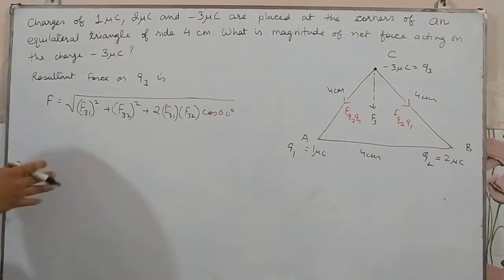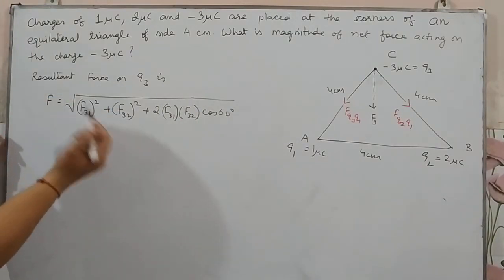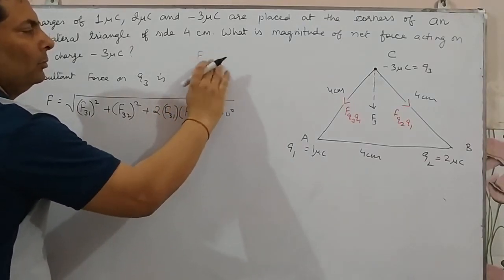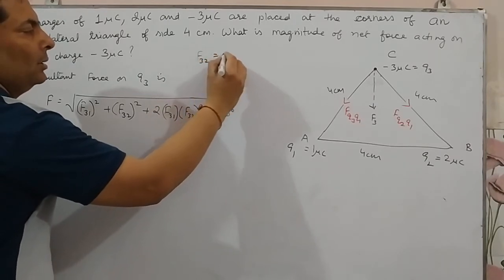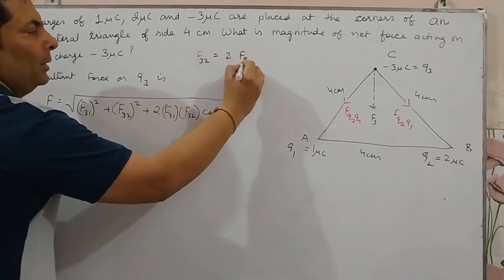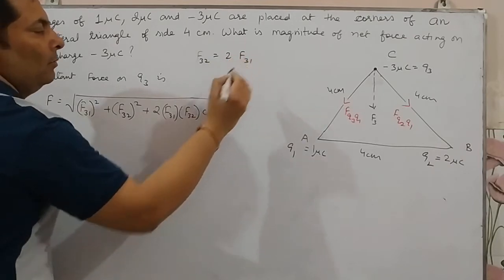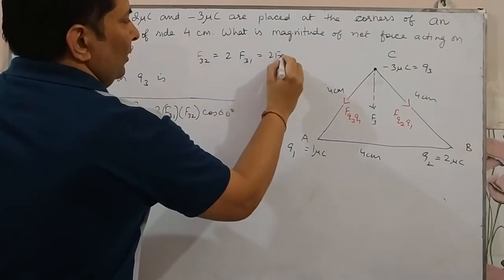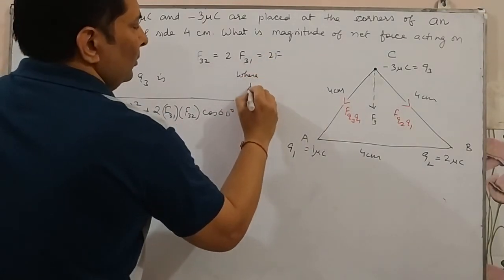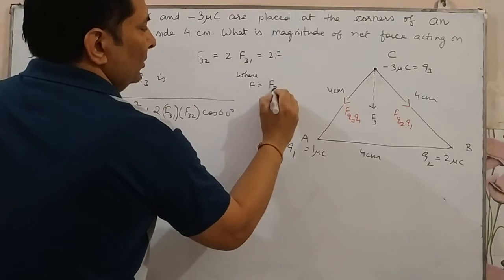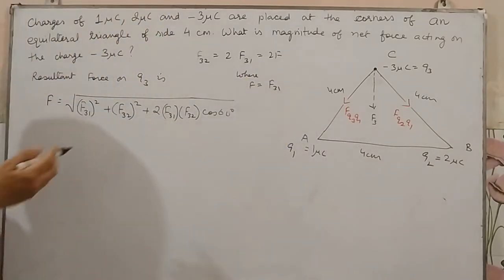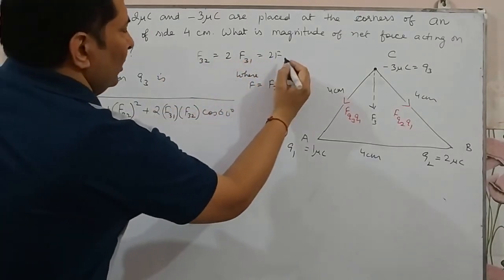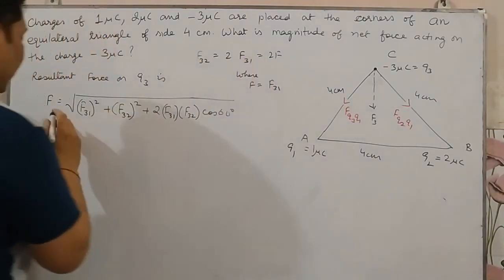Now in this form it looks a little complicated, we can do one simplification here. You know that F32 is actually double of F31. You must have seen the result. So we can write it as 2F, where F is equal to F31. For that case it will be easier to solve. Okay, we are already using F, so we take this as F3.